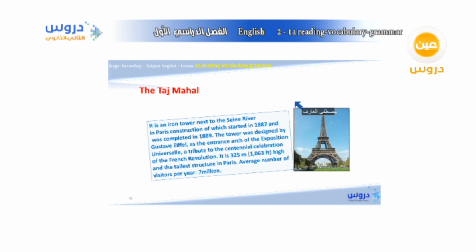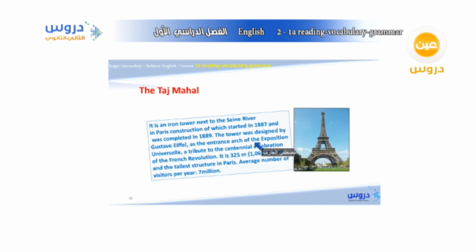Now let's see the Eiffel Tower. Okay, so it's the Eiffel Tower in France. It's an iron tower next to the Seine River in Paris, construction of which started in 1887 and was completed in 1889.